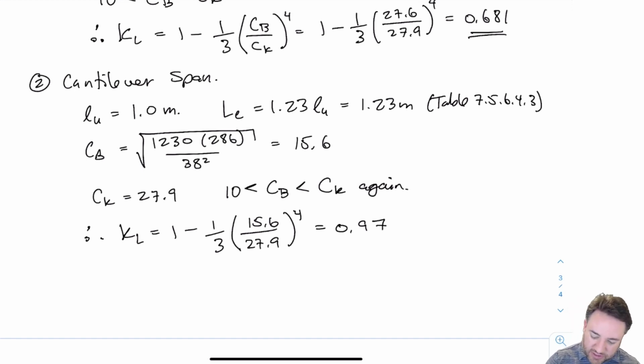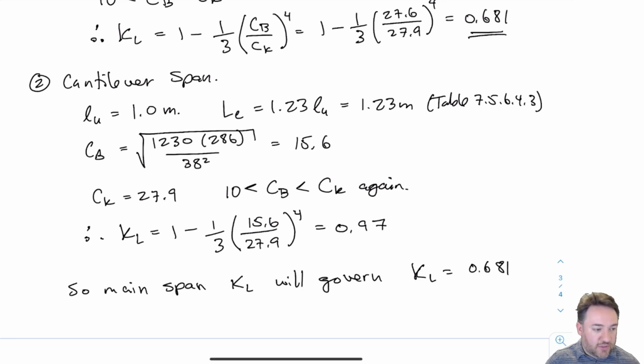So now which one of these is going to govern? Obviously, it's the lower KL. So my actual KL is going to be 0.681. And I'm only doing this because I know that the applied moment on both sides of the beam is the same.